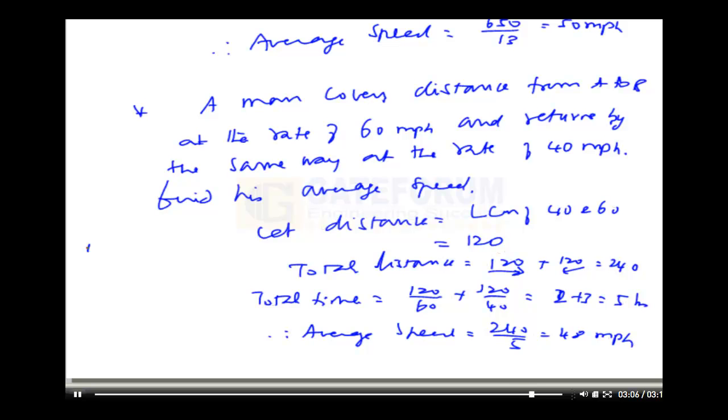Here one thing you have to note: average speed is not equal to the average of the two speeds. A to B, let us take the distance as d. So total distance will be d plus d, 2d. Let us take one-way speed as x miles per hour, and the return as y miles per hour.